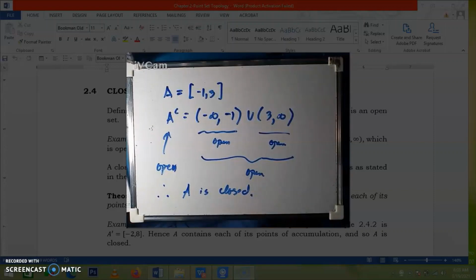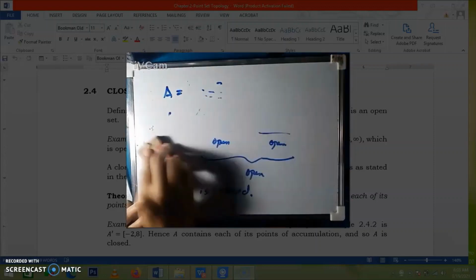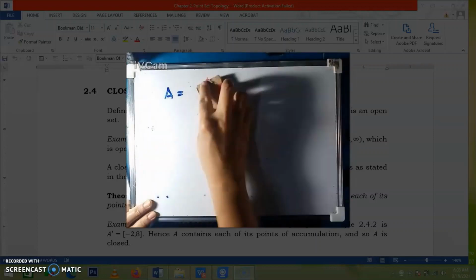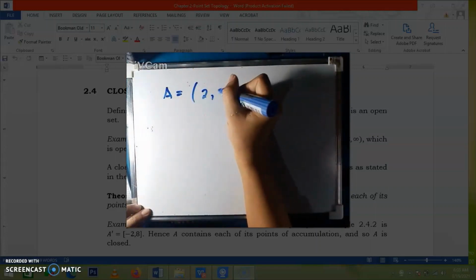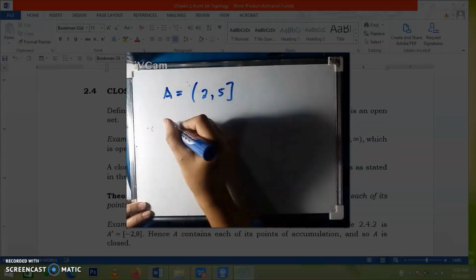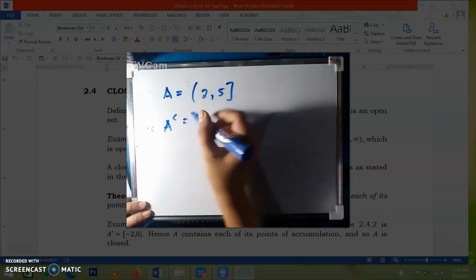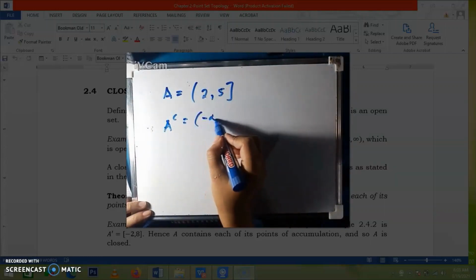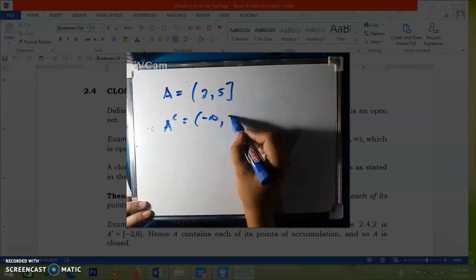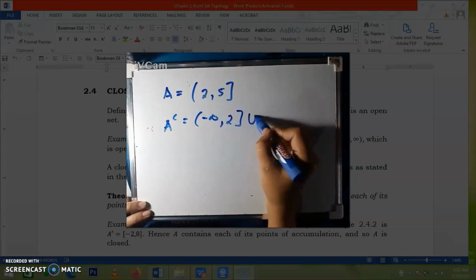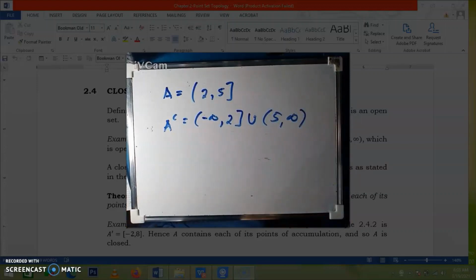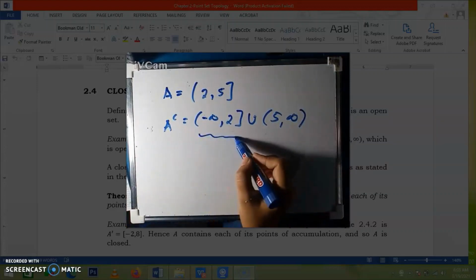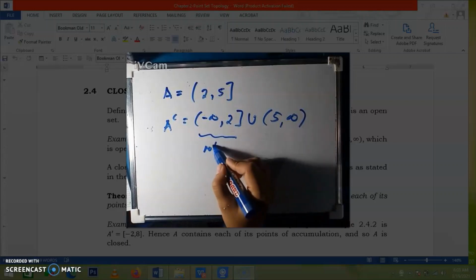Let's have another example using our previous example. We have 2, then the 5. And if we are going to get the complement of this, we have negative infinity, then 2, union, we have 5 with this. And we all know that this interval is not open, right?